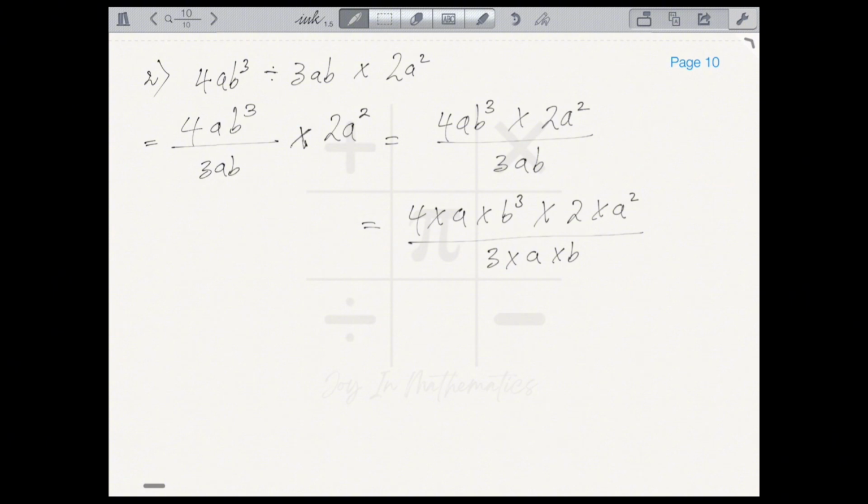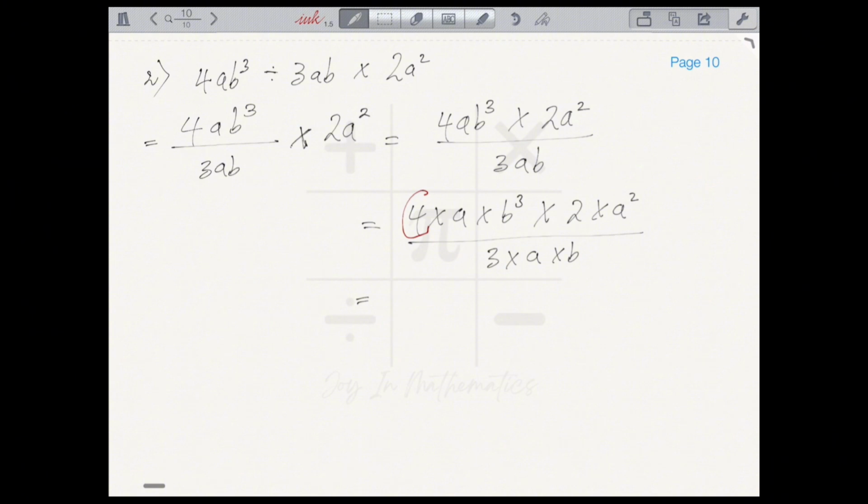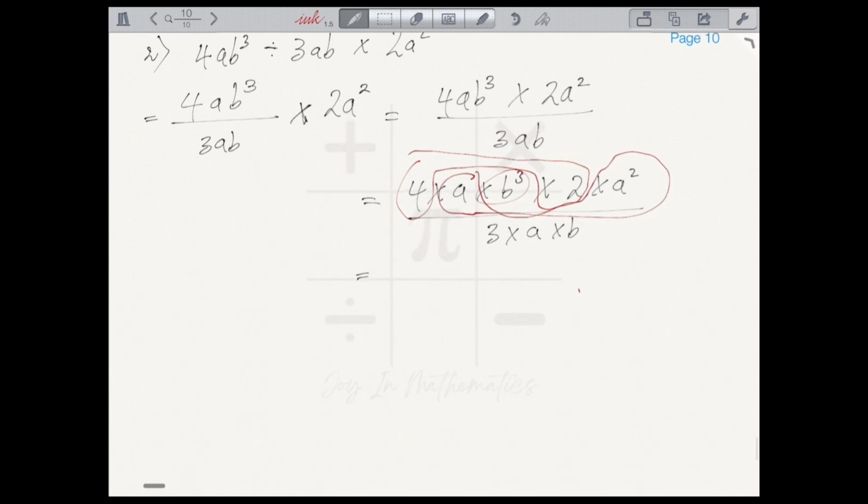Now we can choose to solve all the a's at once, maybe the base a, like we did in the previous question, or we take the numerator first and then the denominator. So for the numerator, let's clamp them together. We have 4 being multiplied by 2, and we have a which is being multiplied by a squared, where b raised to power 3 is standing alone.